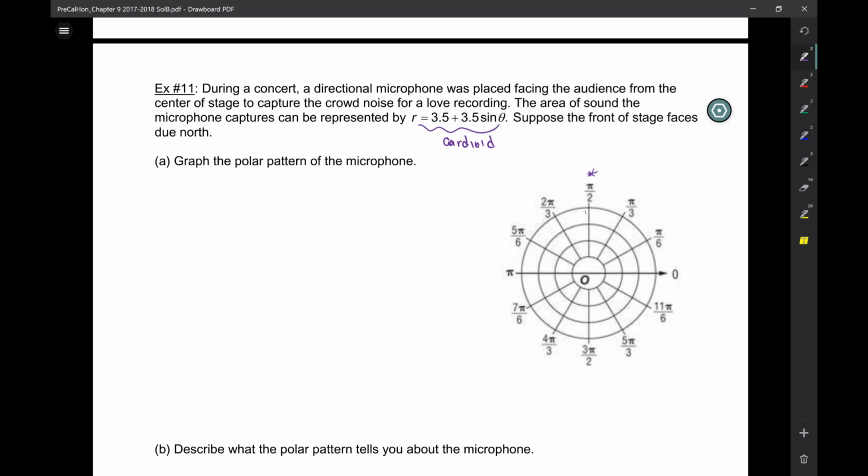So is it maximum on the polar axis or at theta equals pi over 2? At theta equals pi over 2. So go ahead and draw that cardioid. Okay? So we're going to go by 2's, and it's going to be 2, 4, 6, 8 here. So 7 here, right? So there is going to be a little dimple. And it's going to go out like this.